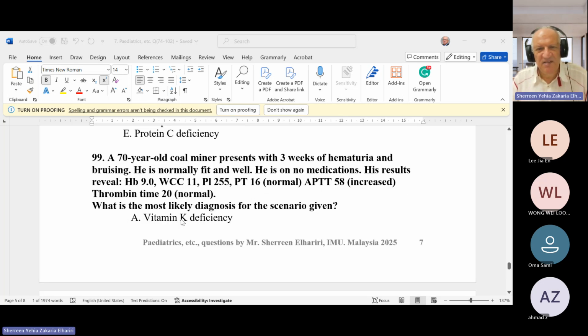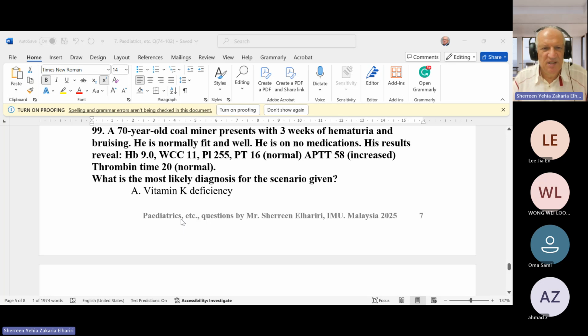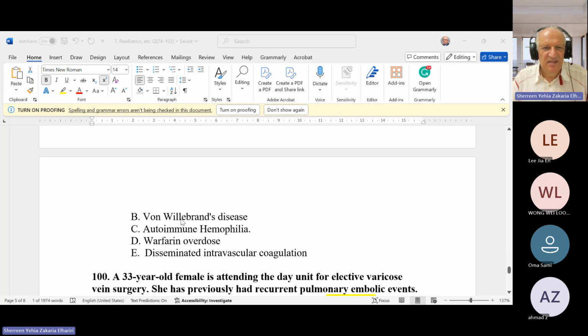So this patient has something wrong in the clotting mechanism. Of course, not vitamin K deficiency, and it is not Willebrand disease, not warfarin overdose, because the patient doesn't take warfarin. So this is a rare condition that we call autoimmune hemophilia. Sometimes it is called acquired hemophilia, adult hemophilia, or autoimmune hemophilia-like syndrome.